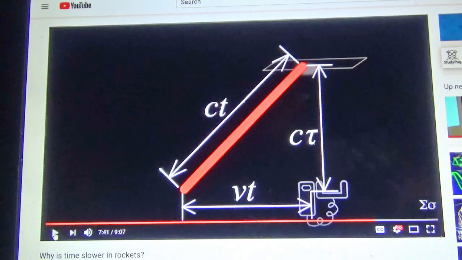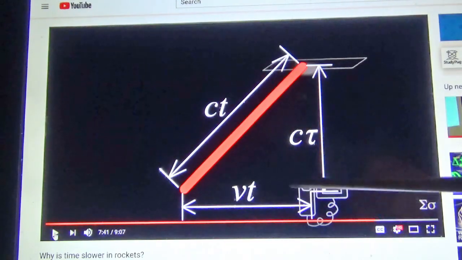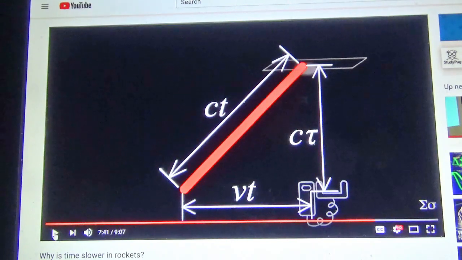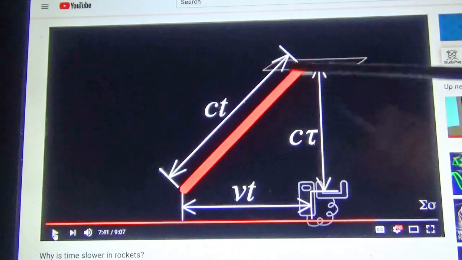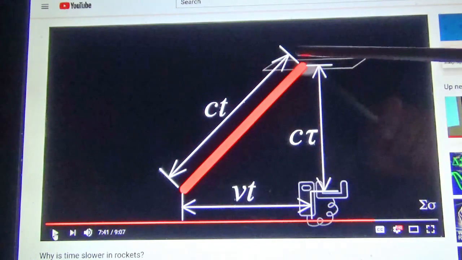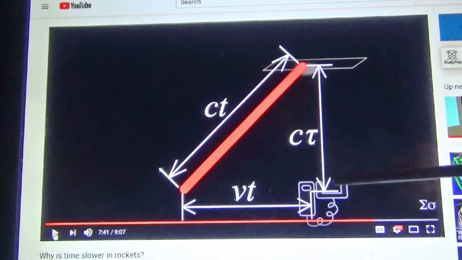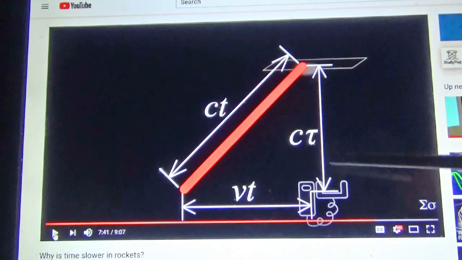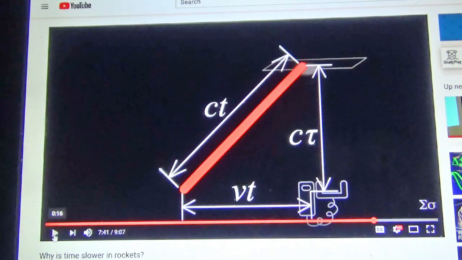So something funny is going on here. T here, and tau here. Different time intervals. The time interval along here is t, the time interval along here is t. You would expect the time interval along here to be t as well, but no, you're going to make that a different time interval, which is a bit confusing.